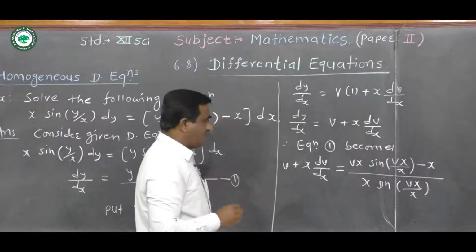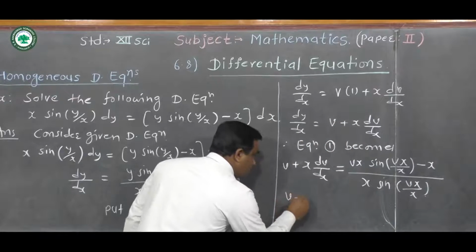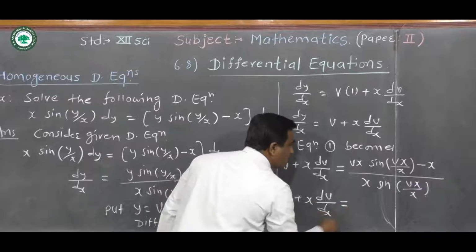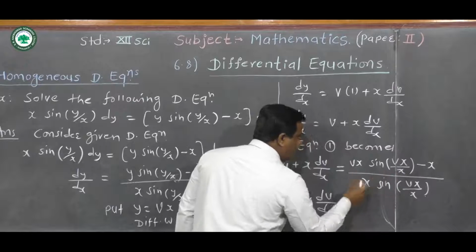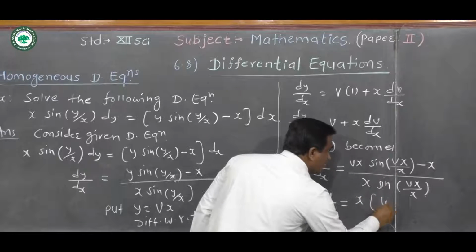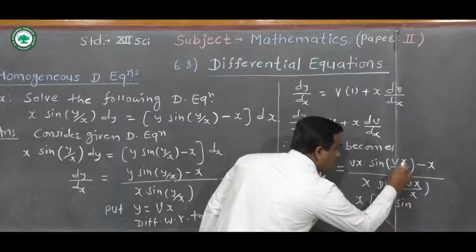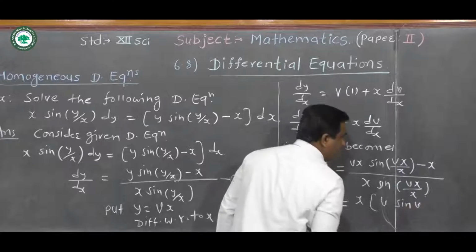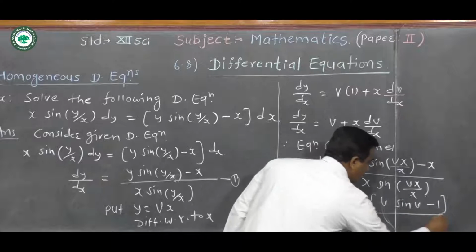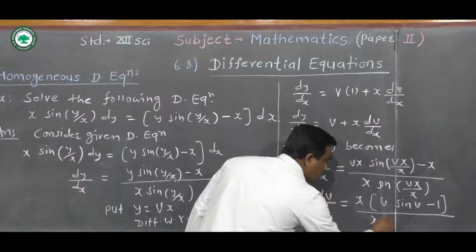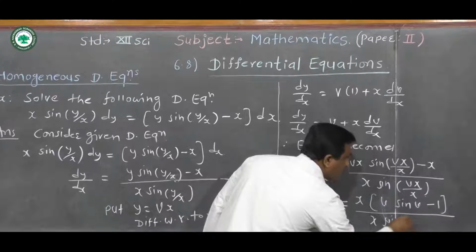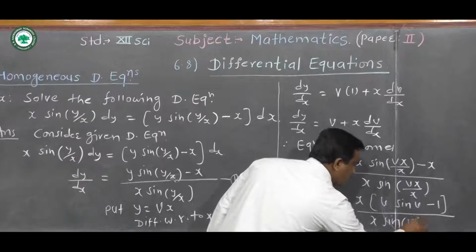Okay, now we simplify this. v plus x into dv by dx is equal to, we can take x common here at the numerator, x into in bracket v sine of, here x cancels out, remains only v, minus 1 upon x into sine of, here also x cancels, remains only v.